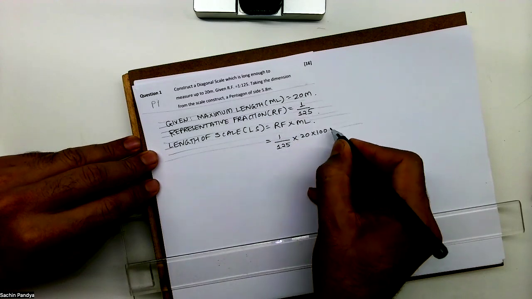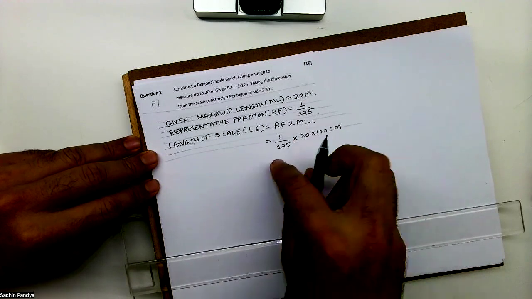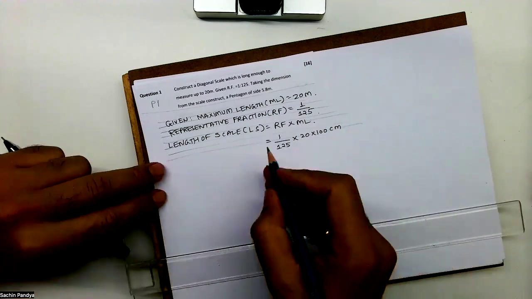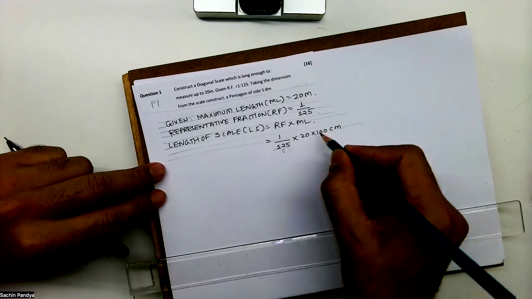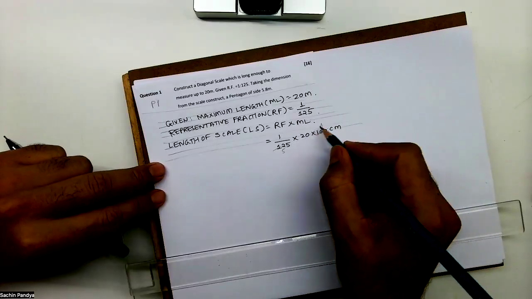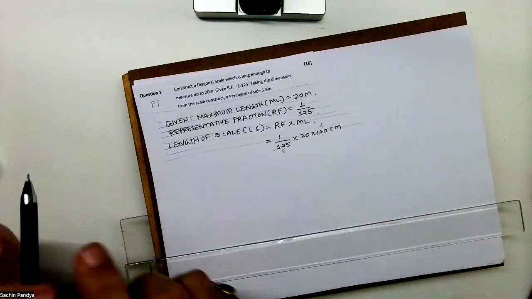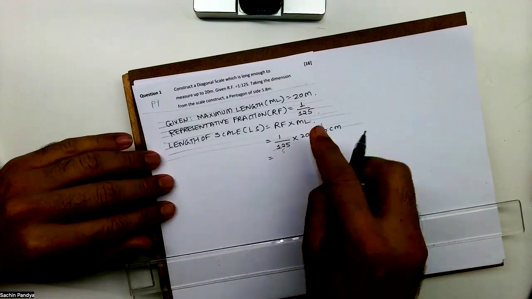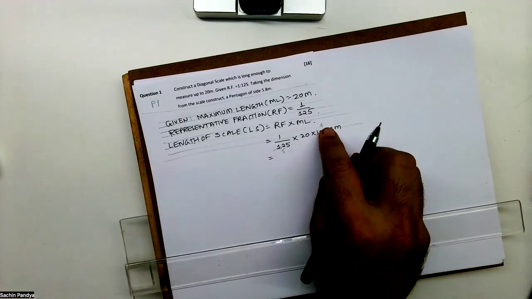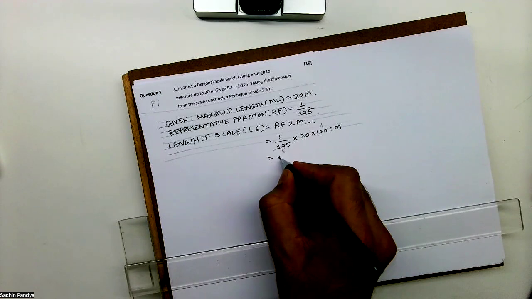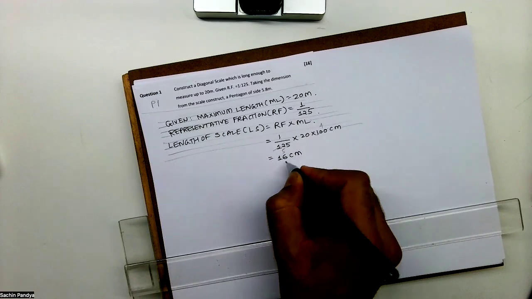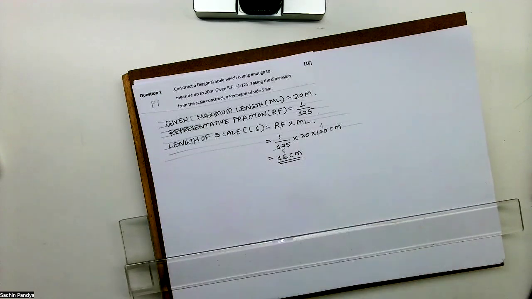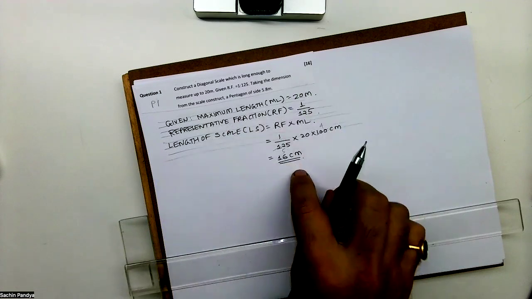Multiply by 100 will give me centimeter. Now when I solve this, 5 4s are 20, so it will be 16, right? 80 divided by 5, 16 centimeter. Got it? So we got this answer, 16 centimeter.